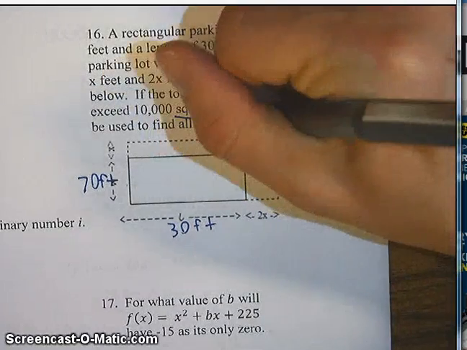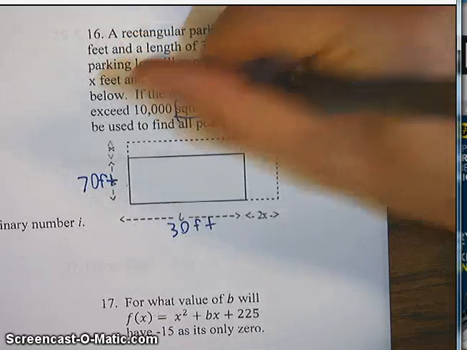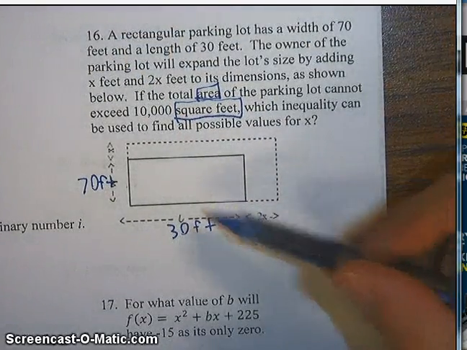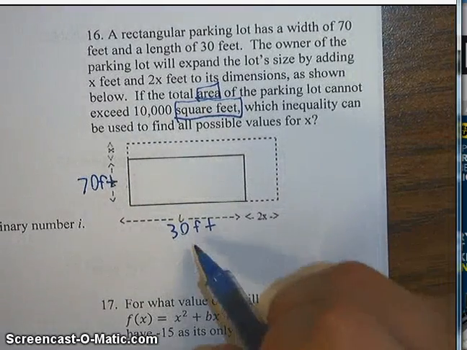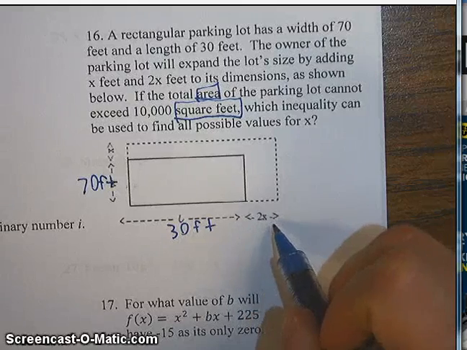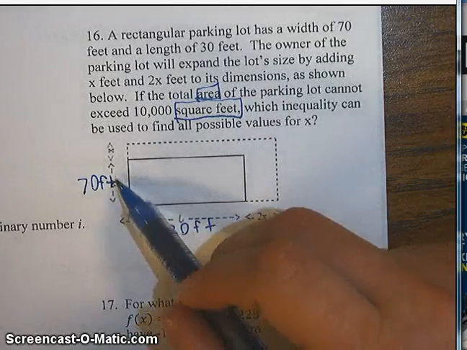Keyword here is square feet and area. We know we're talking about area, so to find the area of a rectangle is simply length times width. Well, the length of this side is 30 plus 2x, and this one is 70 plus x.